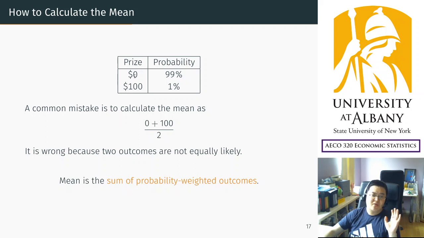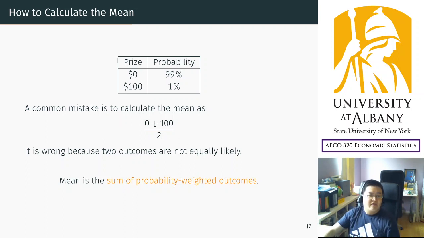Because 0 is much more likely than $100, when you calculate the average, you have to put more weight on 0. So the expected value should be closer to 0 than to 100, right? Because the probabilities are 99 to 1. They are very much unbalanced.